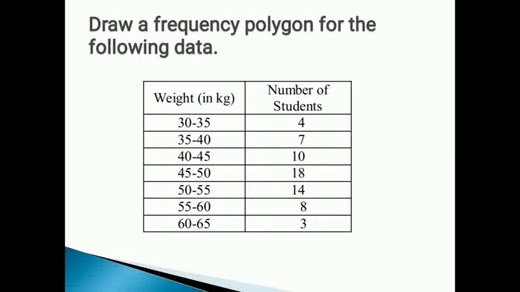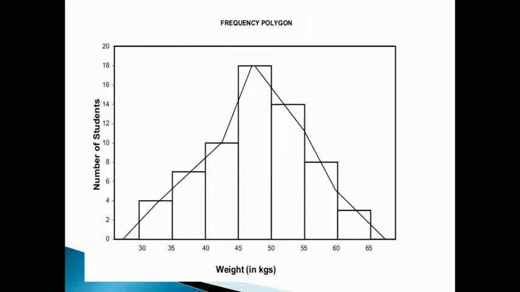So from this data we can draw a frequency polygon. First of all we have to draw a histogram, and then after drawing the histogram we have to join the midpoint of each rectangle by a straight line, then we get a frequency polygon. See the image.